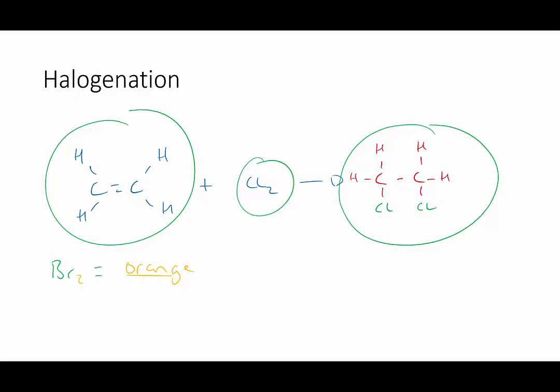If we start off with ethene again, but instead we add Br2, all we're going to get is this. The bromine has reacted in an addition reaction with ethene, and it's formed this product, 1,2-dibromoethane, which is saturated, the double bond is gone. So therefore the test for alkenes is, if it decolorizes bromine water, there's a double bond there.